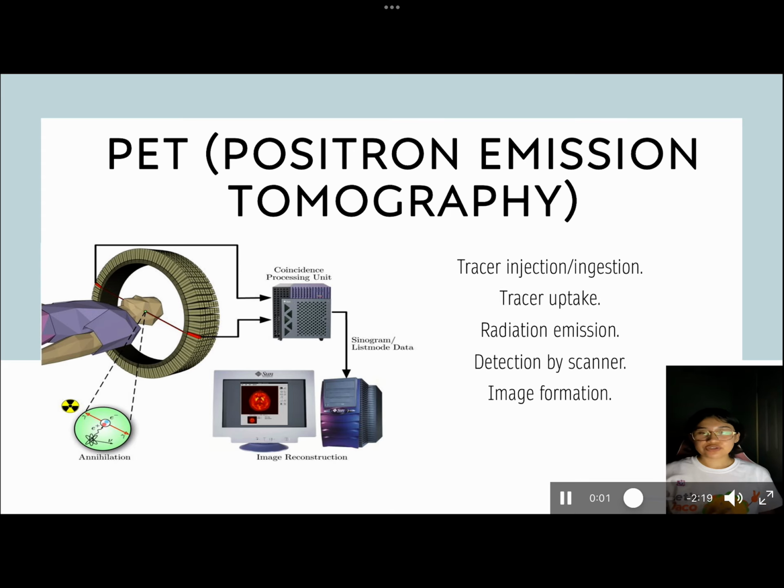I decided to show the relation of nuclear and atomic physics with the medical field, using as an example positron emission tomography, or PET, and how it works. This scan utilizes the principles of nuclear physics, specifically radioactive decay and particle interactions.